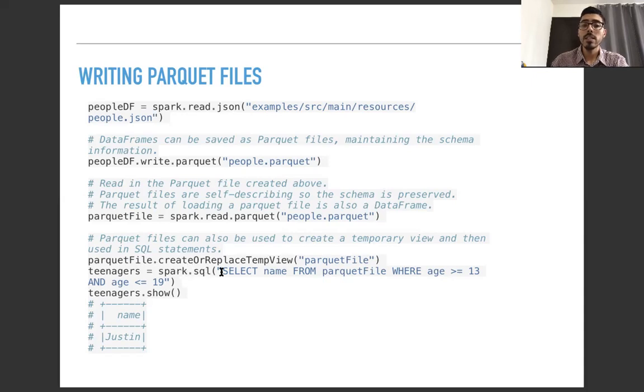So spark.sql, and I'm selecting name from this table, from Parquet file, and I'm doing a where statement: age is bigger or equal to 13, and age less than or equal to 19. And then I can show the result. So basically you have to first hold all your data in a data frame, and then you can write it into a Parquet file, and it will preserve the schema, which is pretty cool.